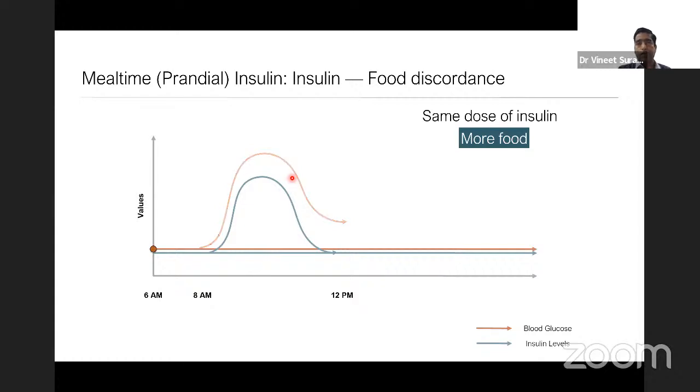Now, what happens if we take less food? Today the food is not very good and I don't want to take that much food. So rather than taking 2 chapati as a regular, I want to take only 1 chapati, but I have taken the same amount of insulin. Then what will happen? This is the typical response. You will see that the child has ended up in hypoglycemia because we have given a fixed dose of insulin, and now the child has taken less food.